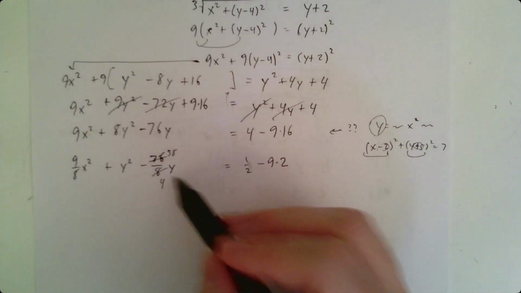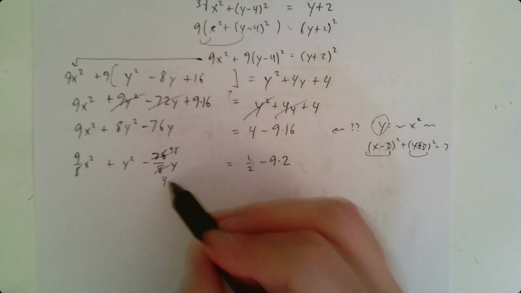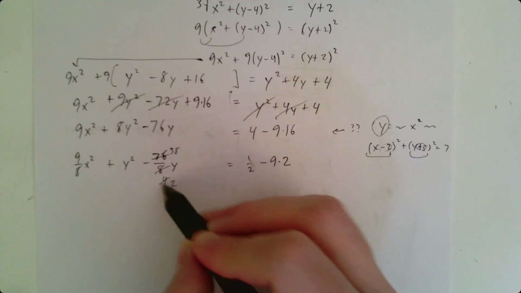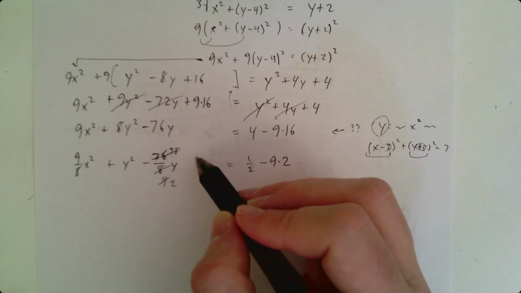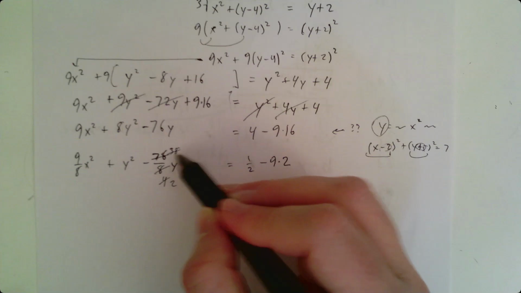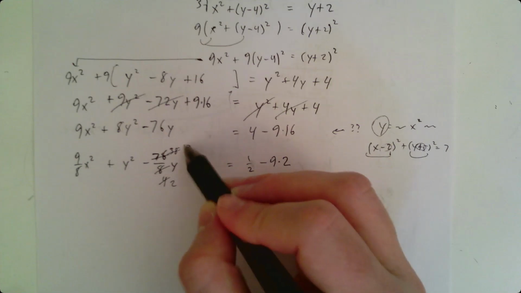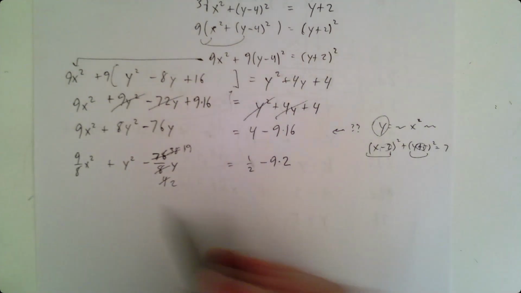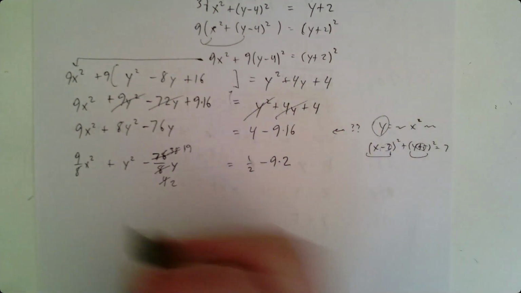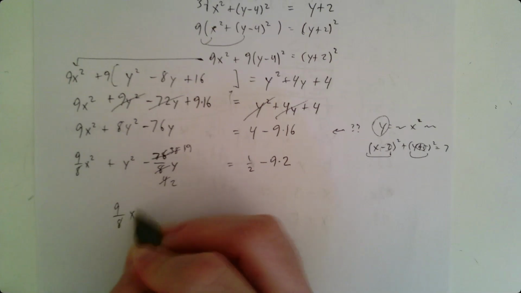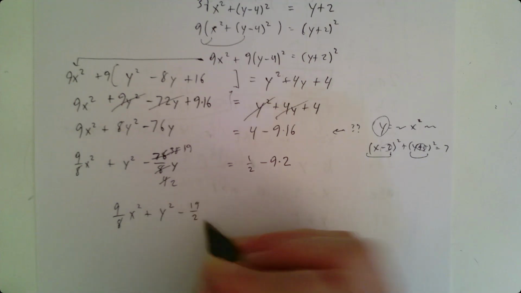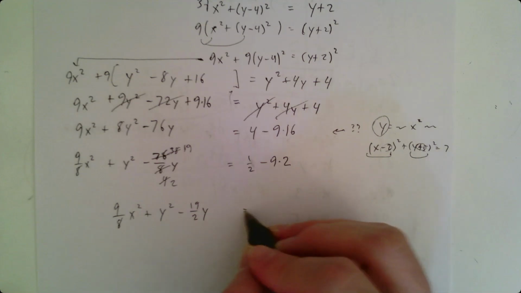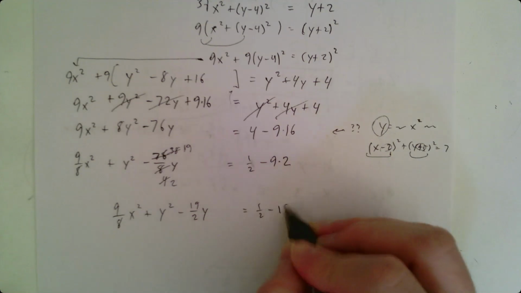So I'll have 38 over 4. Let's divide by 2 again. 4 divided by 2 is 2. 38 divided by 2, let's see, 40 divided by 2 would be 20, so 38 divided by 2 should be 19. So I'm going to rewrite the whole thing now. It's 19 halves. So I've got 9/8x squared, y squared minus 19 halves y equals 1/2 minus 18.